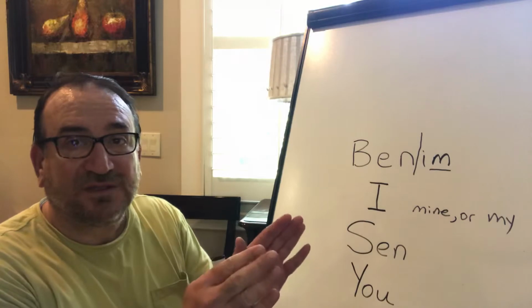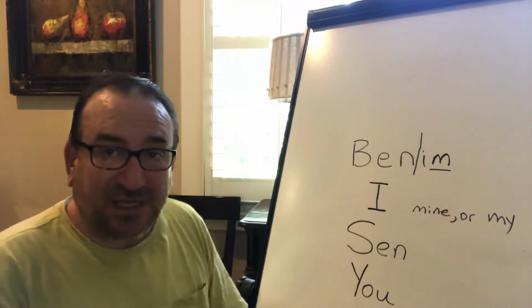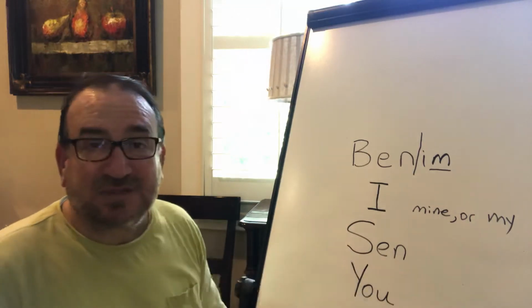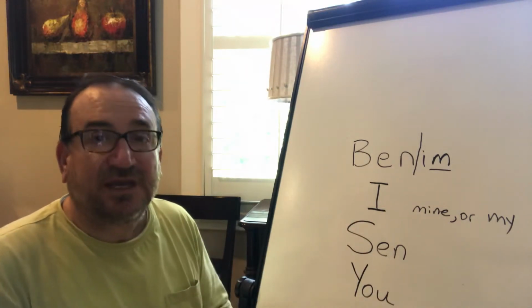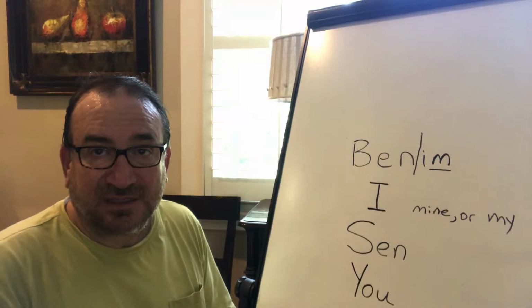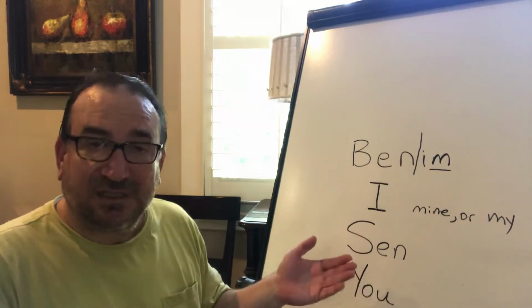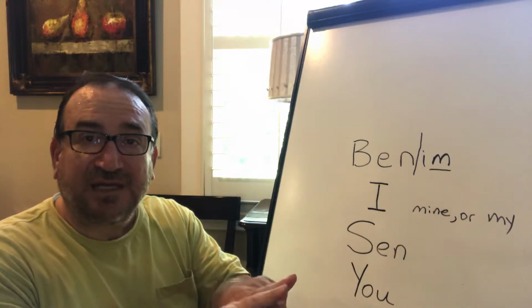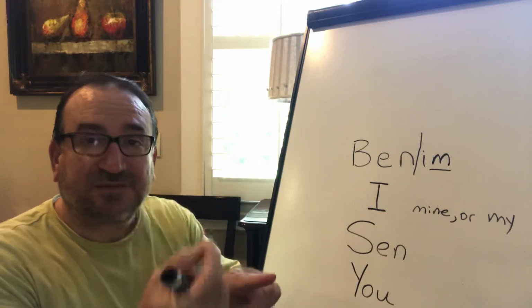Very sharp. Turkish is a phonetic language, which means that every letter is pronounced all the time the same way. So you read it as it's written. You don't combine letters to make different sounds.